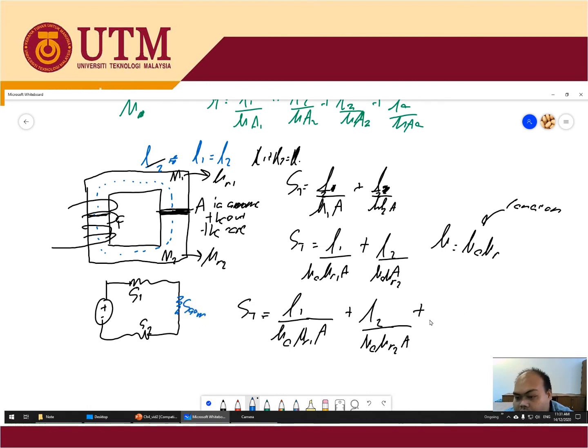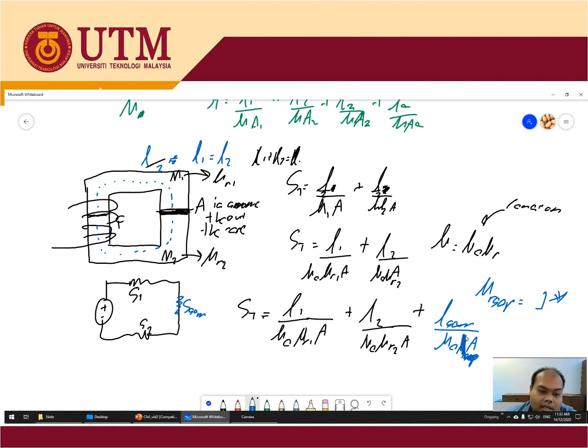S gap is basically L gap, how much gap you give, divided by mu naught and A. Why is there no mu R? You can put mu R gap, but remember from the previous slide, mu R gap is basically 1. So you can remove this, just mu naught A.